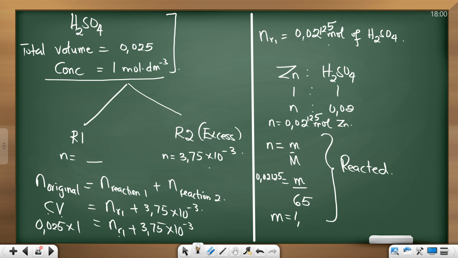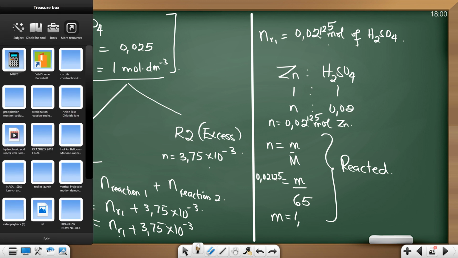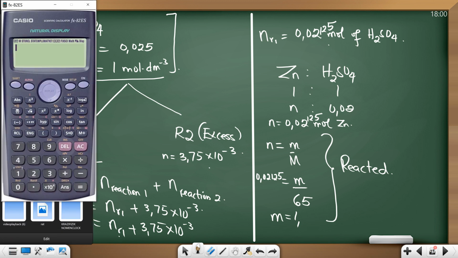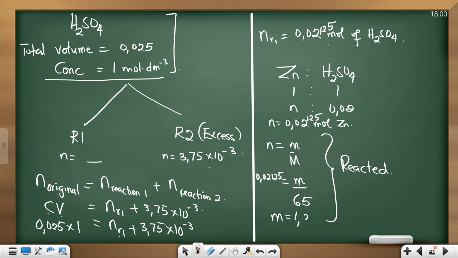1.3. You are rounding off again. Please, guys, I don't understand why you're getting a straight answer when we're using decimals. 1.38125.